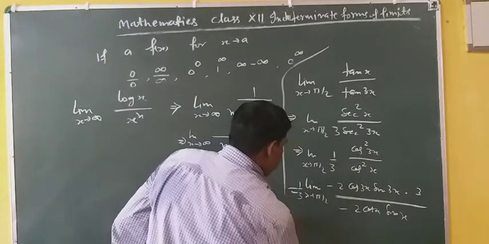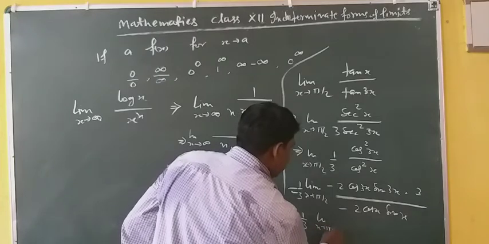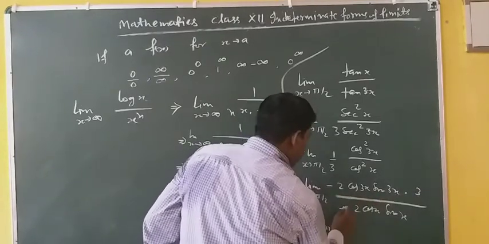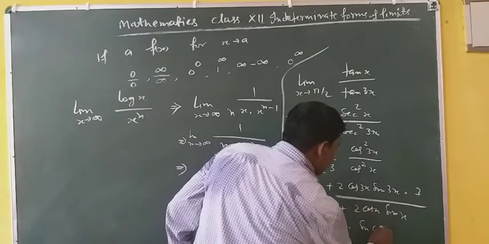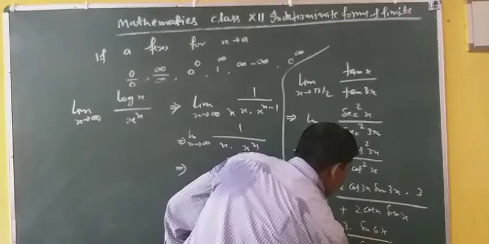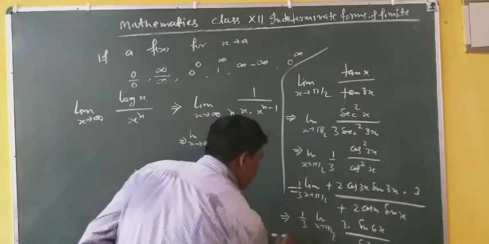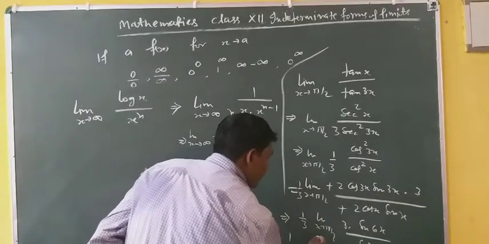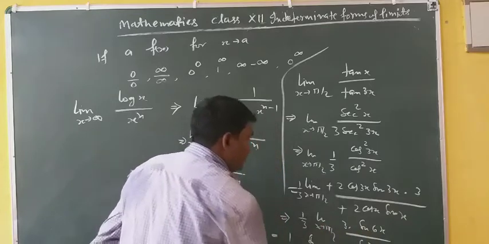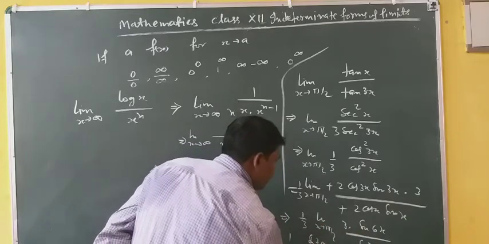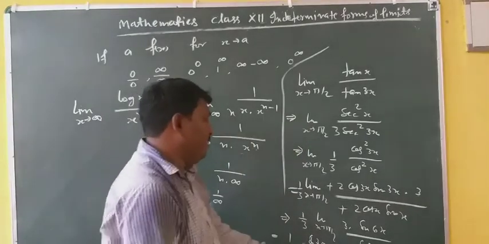So this implies 1 by 3 limit x tends to pi by 2, and here the minus cancels out, 3 into this is sin 2 means sin 6x upon sin 2x. Now putting the value of x, what you get: 3 by 3 is 1, limit sin 6 pi by 2 means sin 3 pi upon sin pi by 2 means pi. Sin 3 pi is 0, sin pi is 0.